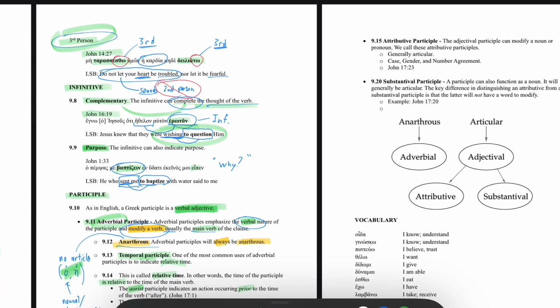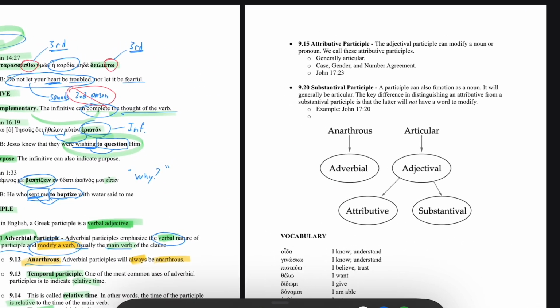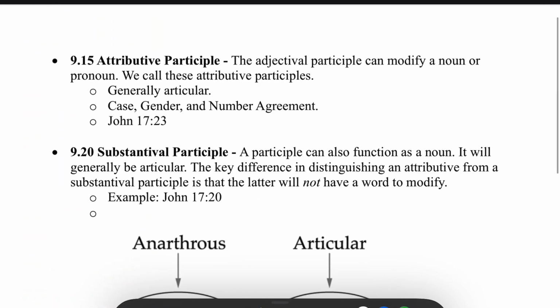And then we get on to the idea of attributive participles. So we're now no longer talking about adverbial. These are adjectival participles. So an adjectival participle can modify a noun or a pronoun. Again, that's what an adjective does. An adjectival participle can do what an adjective does because it is an adjective.